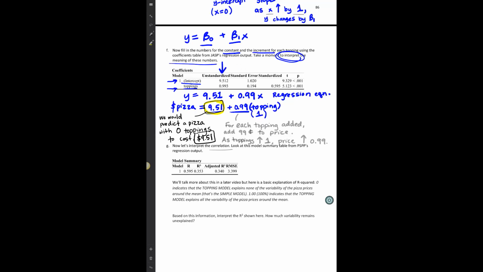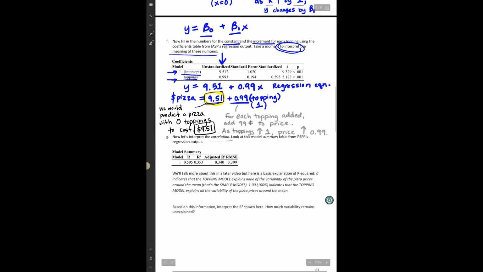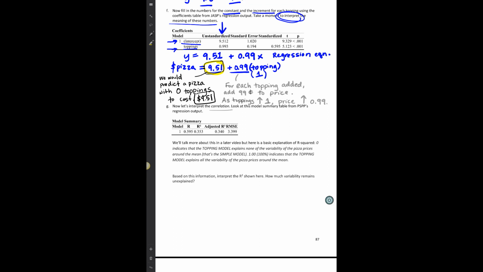So we're going to talk more about correlation, but for now we're going to focus on just a basic explanation of R squared. R is the correlation, but we want to focus on R squared from this output. Now, if this R squared value was a 0, then this would mean that the toppings model that we just built doesn't explain any of the variability that we see in pizza prices around the mean.